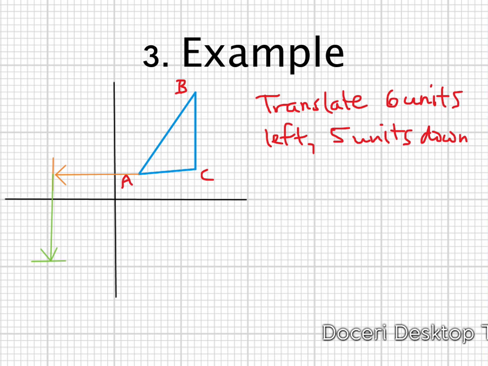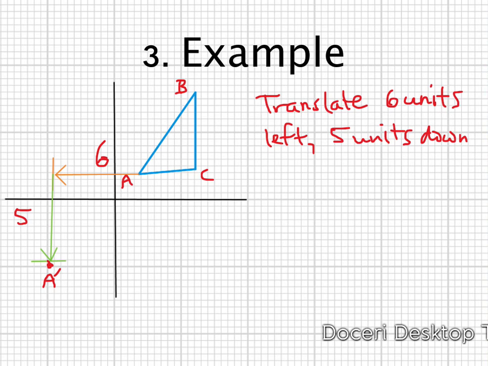So my resulting A prime would be at this point. I go 6 units this way and 5 units this way. So my A prime would be at that point.